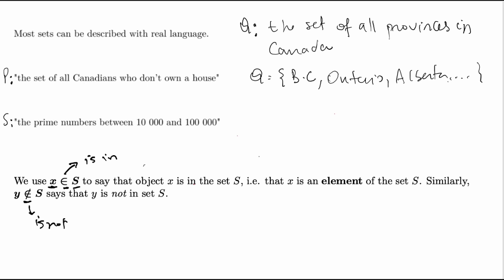So you can refer to that with a more mathematical language using these symbols. I'll give you an example. Let's say that x stands for Ontario. I'm defining x as Ontario, and I'm defining y as Michigan. Okay? So what can I say about Michigan and Ontario?